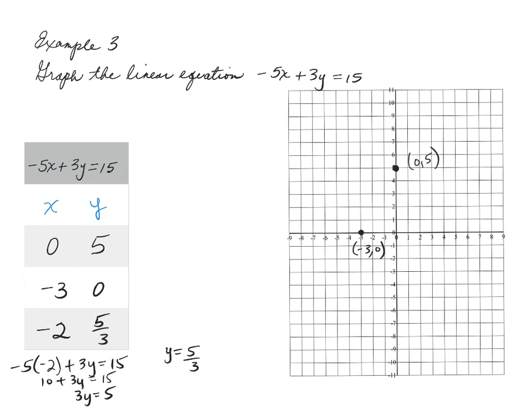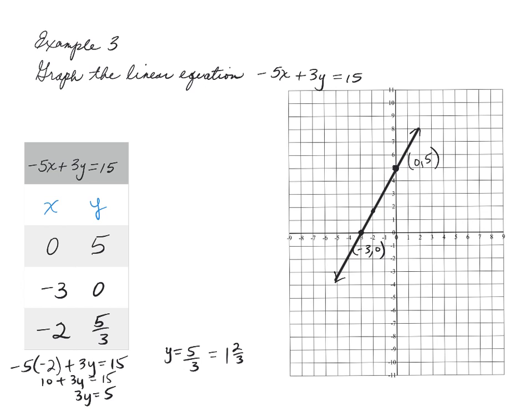And then negative 2 and 5/3. So see, 5/3 is what? 3 goes into 5 one and 2/3. So that's 2/3 of the way between 1 and 2. So negative 2 and then 1 and 2/3 is roughly about here. Okay? Let's connect them with a line. So I connected it with a line, and that's all you have to do.